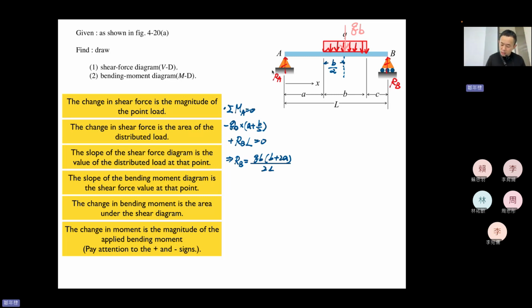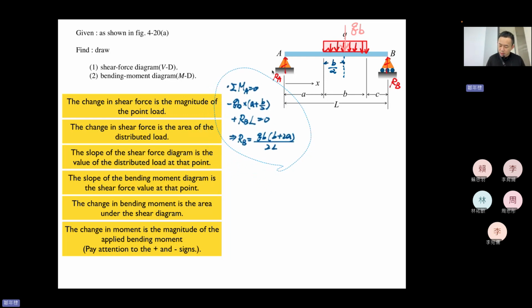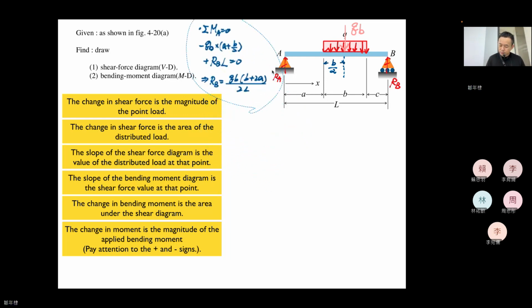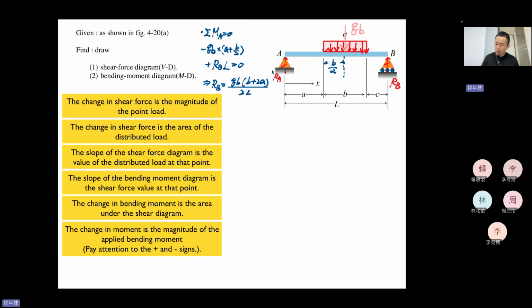Okay, so last time we had a new problem here, and can I write it down here? Okay, and this is a distributed load in the middle. Okay, let's continue. So before that, I need to solve RA and RB. Last time we solved RB. This time we solve RA.